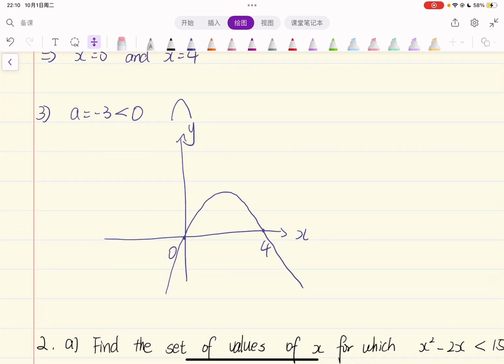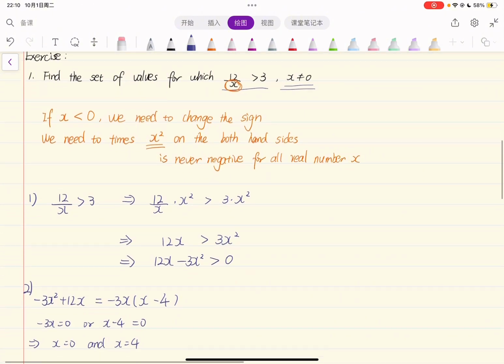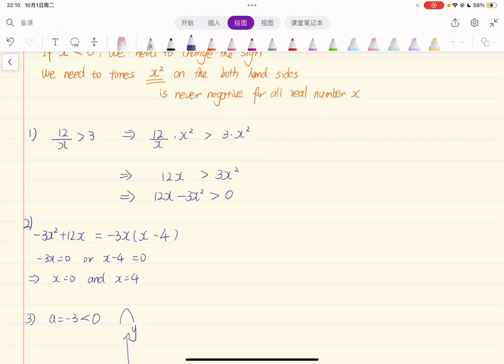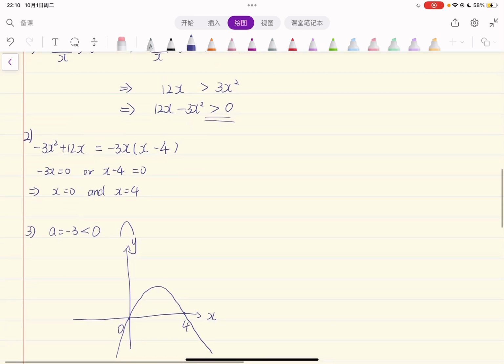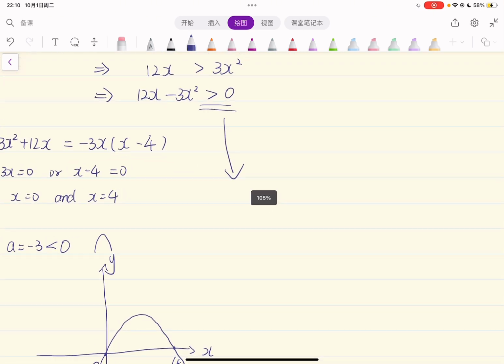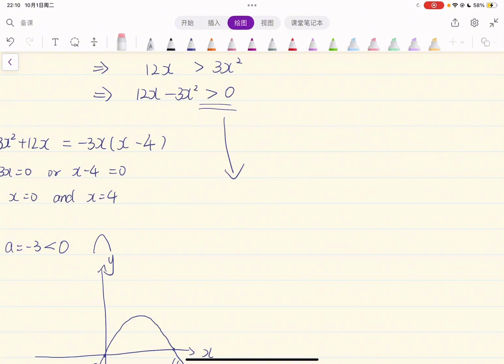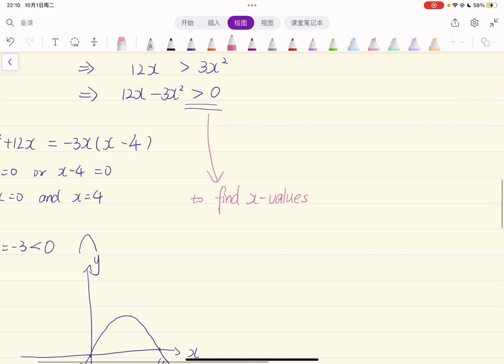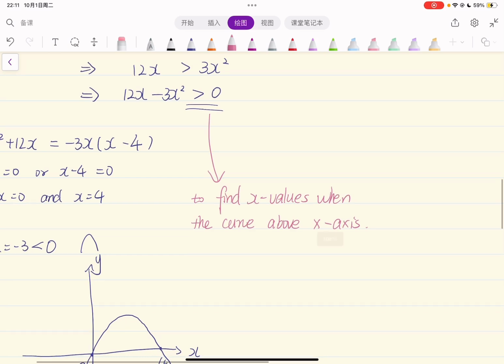What the question asks is that this function is greater than 0, which means we need to find, let me use another color to write that, the x values when the curve is above the x-axis.